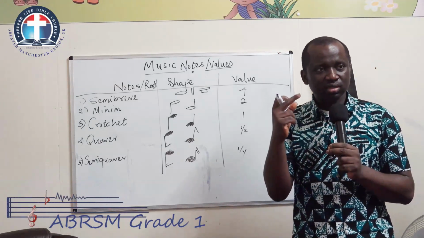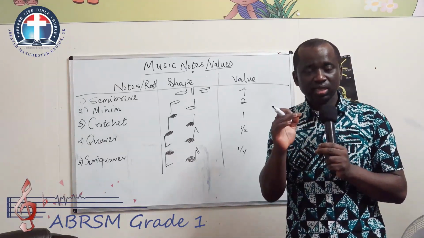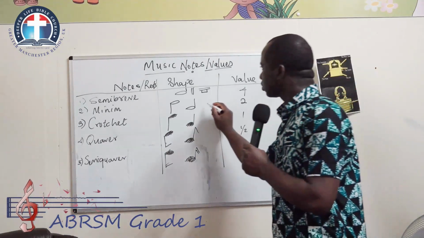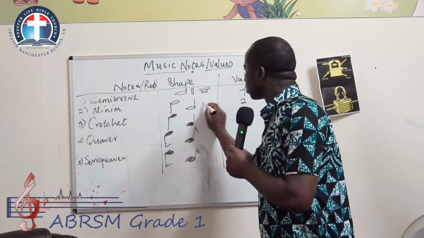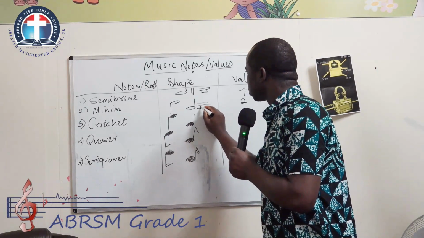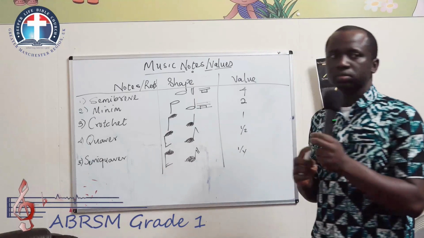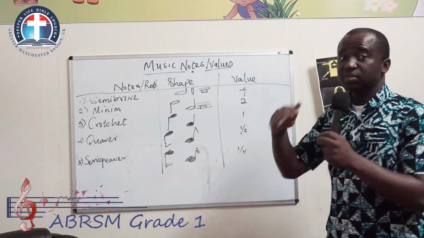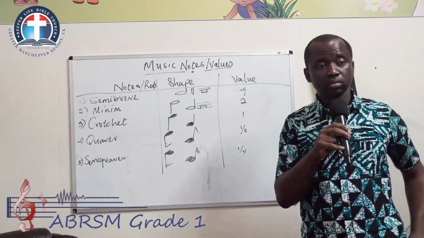You have to know that they are the same shape. One is hanging, one is sitting. So that's the middle line. All right?